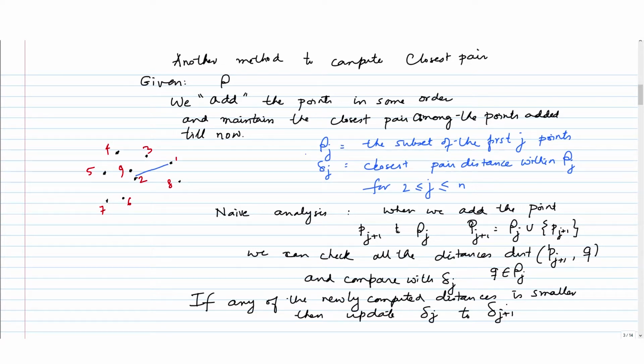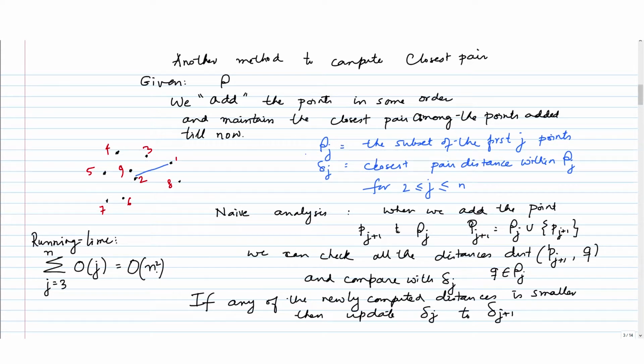So, the running time is going to be summation of order j, for j equal to, let us say, 3, because I am adding from the third point all the way to n, and this is order n square, right.